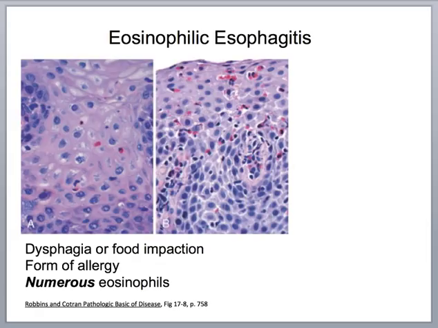So the panel to the left shows rare eosinophils that may be seen with GERD, while the panel on the right shows numerous eosinophils. A key thing will be identifying a history of atopy or an association with particular food allergens such as cow's milk or soy products.